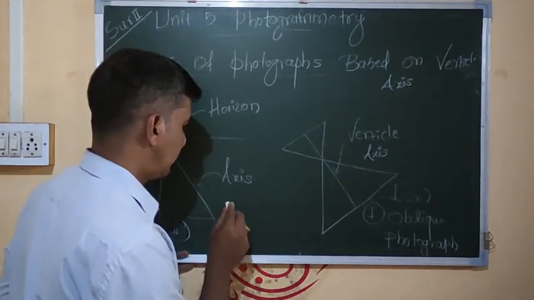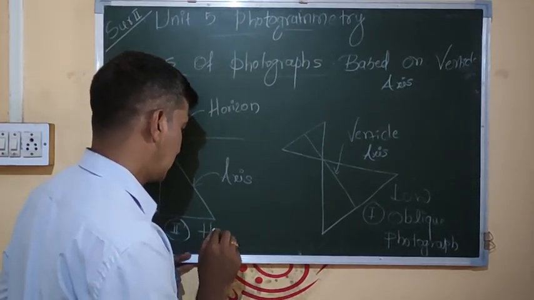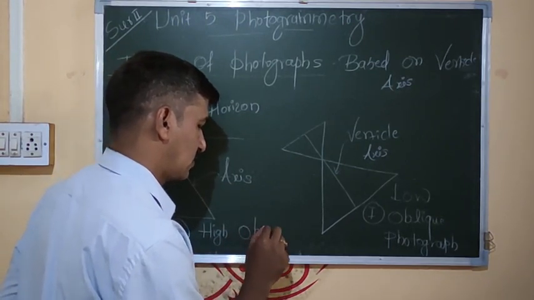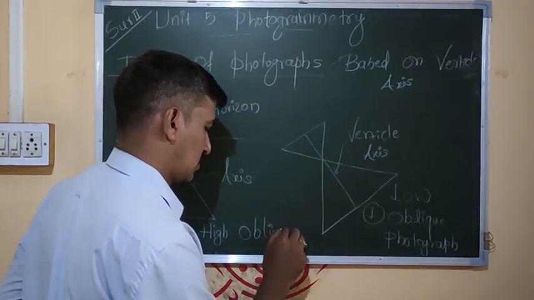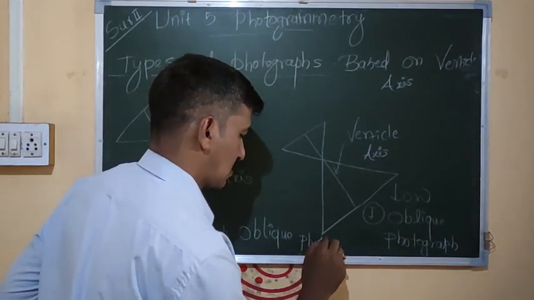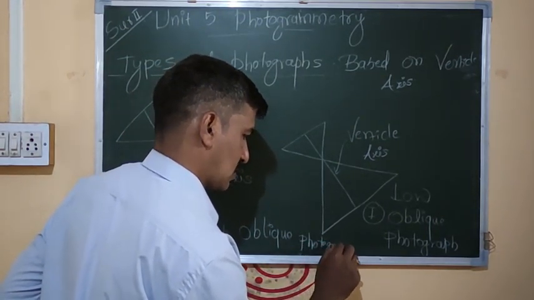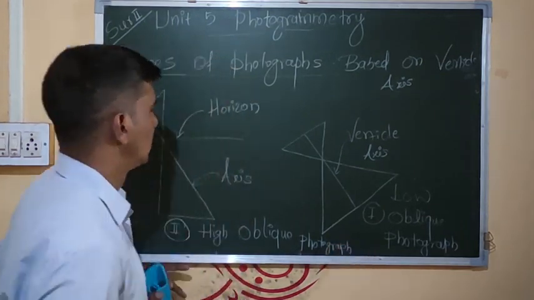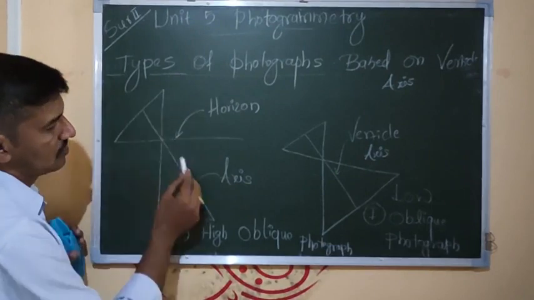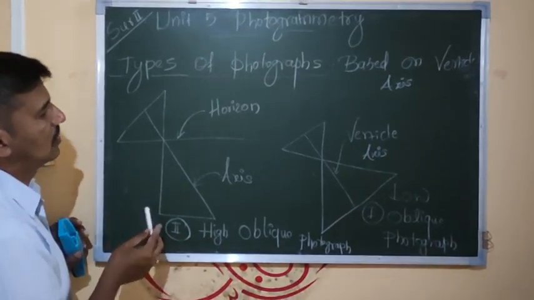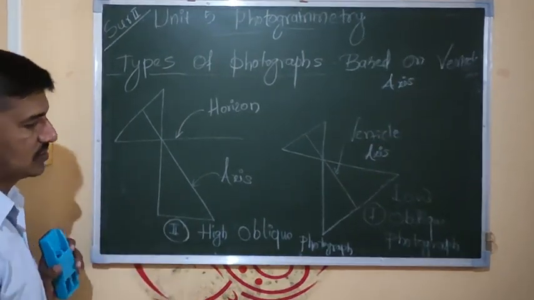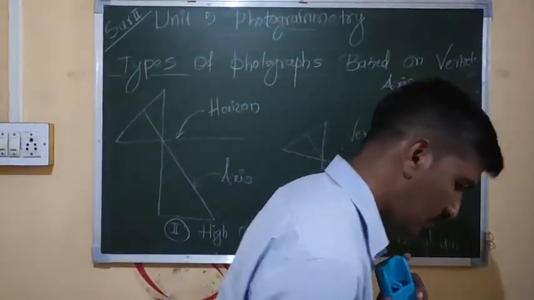So the second figure is called a high oblique photograph. Here you can see that this is the horizon, this is the axis, and it is having more tilt than the first figure, so this is called a high oblique photograph.